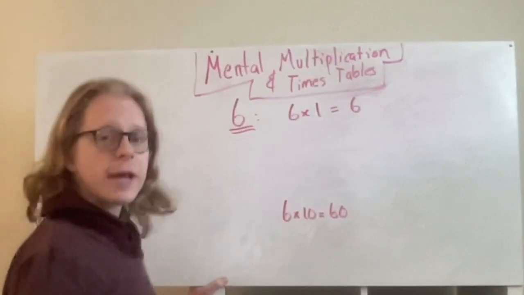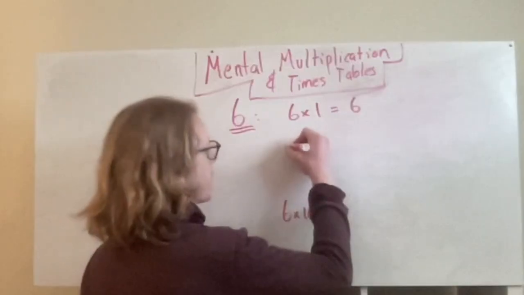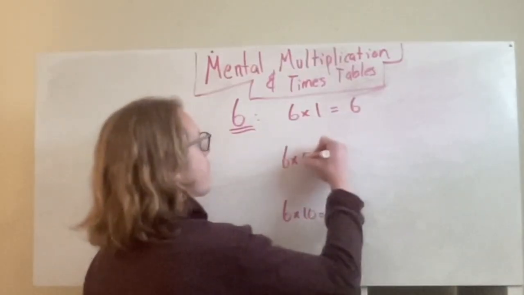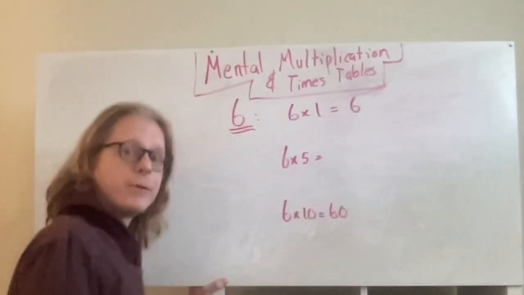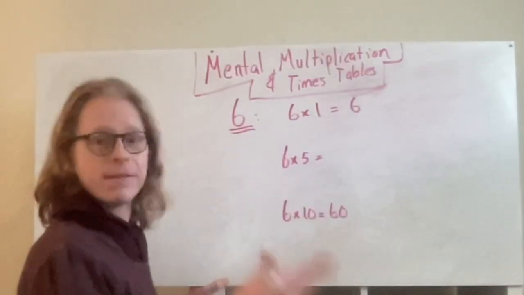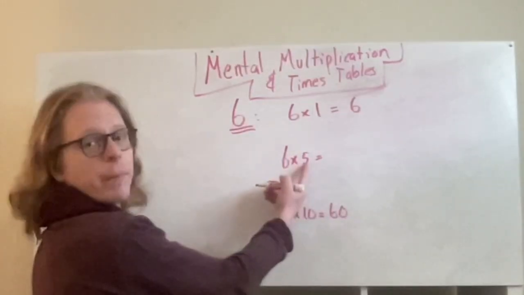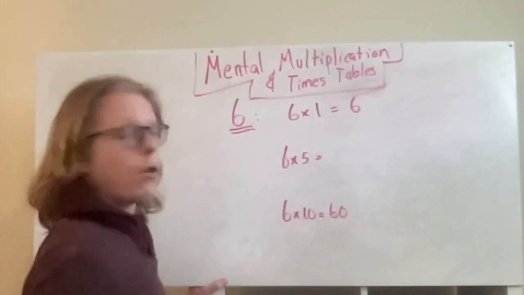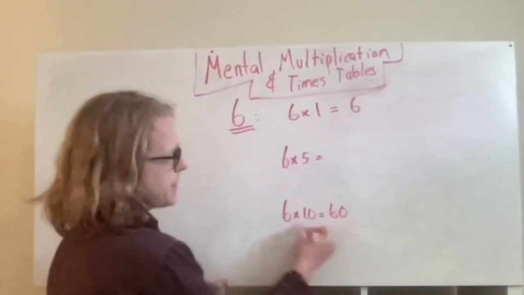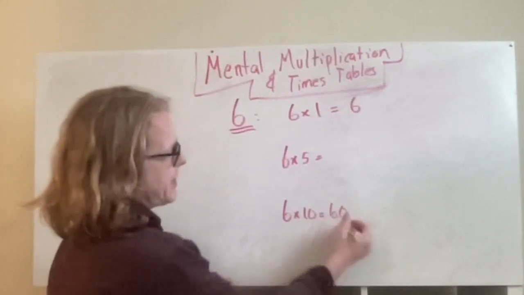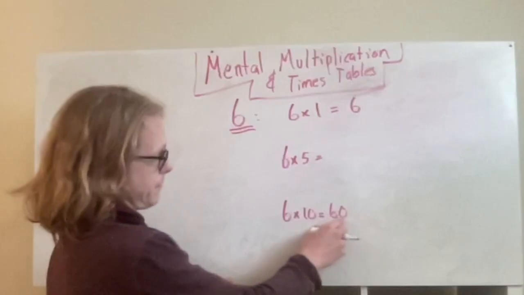The other landmark that we're going to jump to, and the first times tables that we can get comfortable with, are our 5 times tables. Sometimes we feel comfortable counting by 5s, 5, 10, 15, 20, so we could do it that way, in which case I would count by 5 6 times. Or we could focus on this pattern: with my 10 times tables, I just add a 0. 6 times 10, 60.